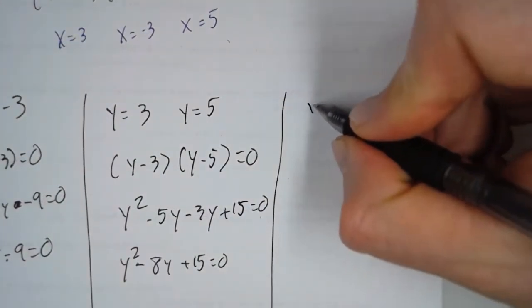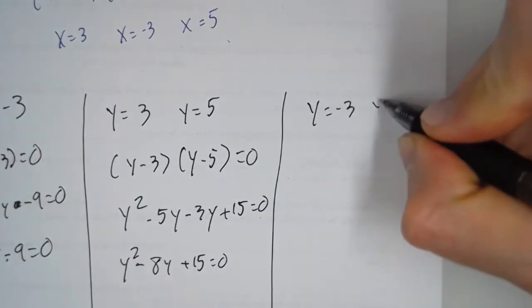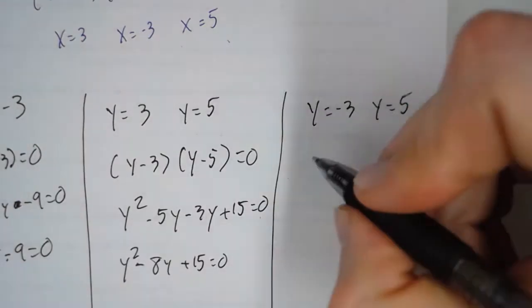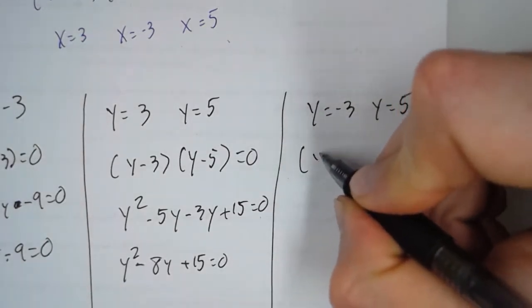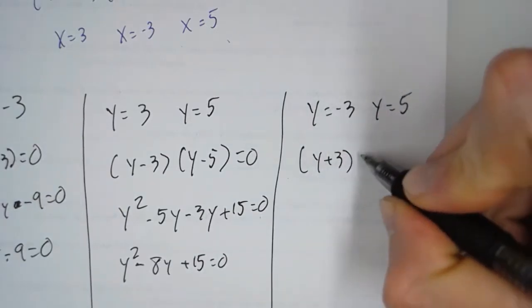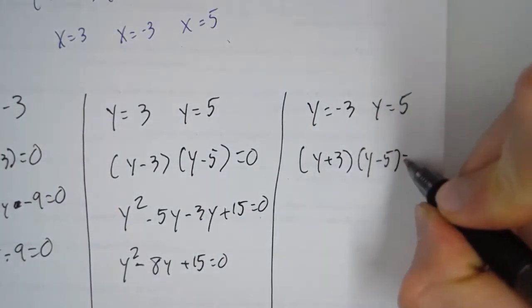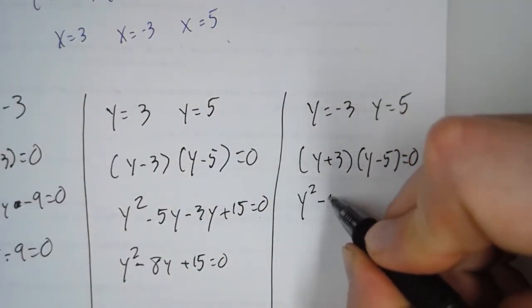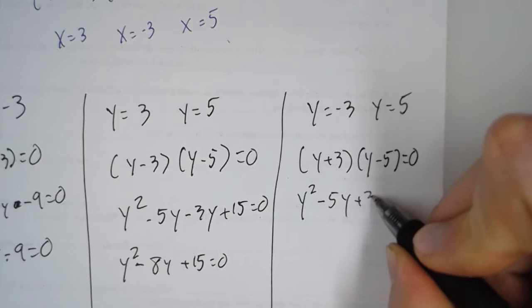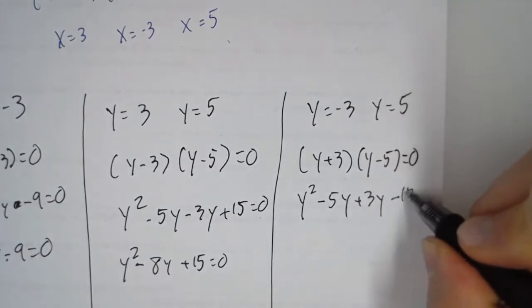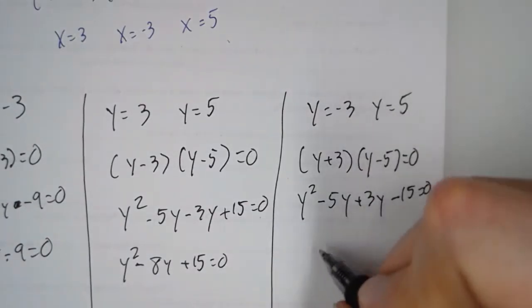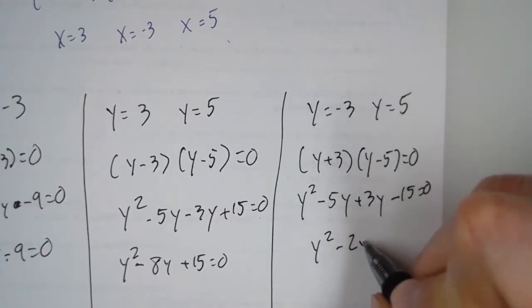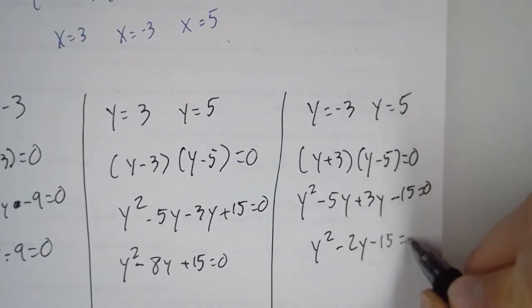That's going to be y equals negative 3 and y equals 5. So when we multiply this out, we get y plus 3 and y minus 5 equals 0. So y squared minus 5y plus 3y minus 15 equals 0. So then y squared minus 2y minus 15 equals 0.